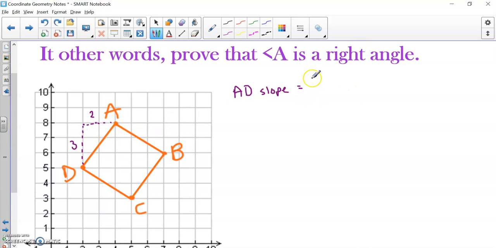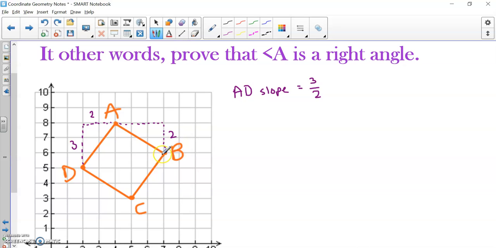So our slope here is 3/2. All right, and then now we need to figure out the slope of AB. Now here's the thing. You can make your triangles inside or outside. It really doesn't matter as long as you remember that you have to look for the rise first, right? So here the rise is 2.